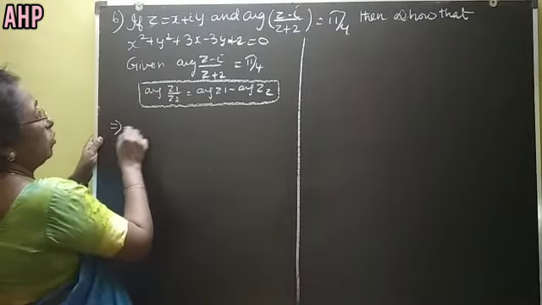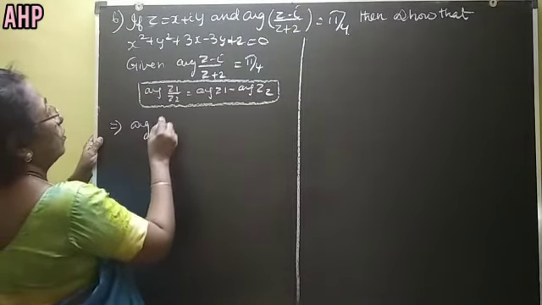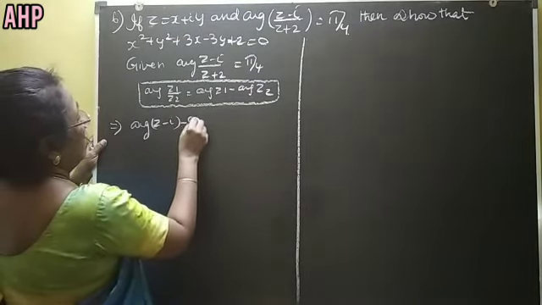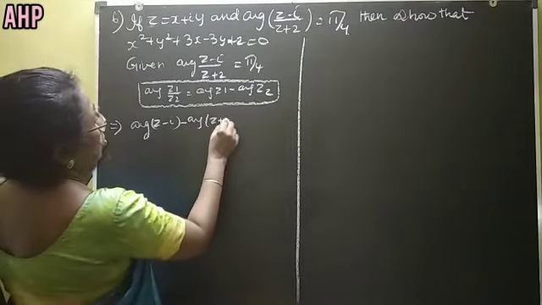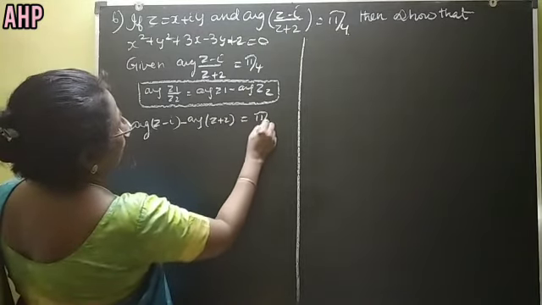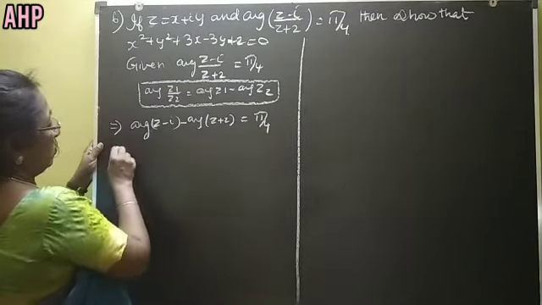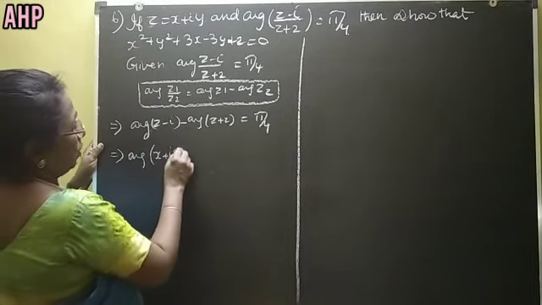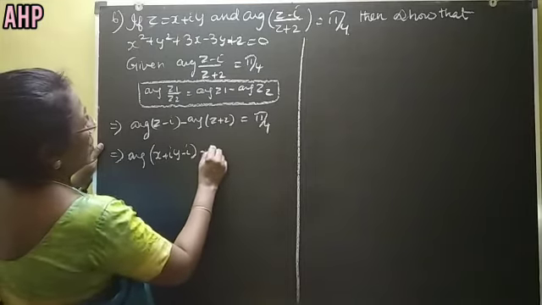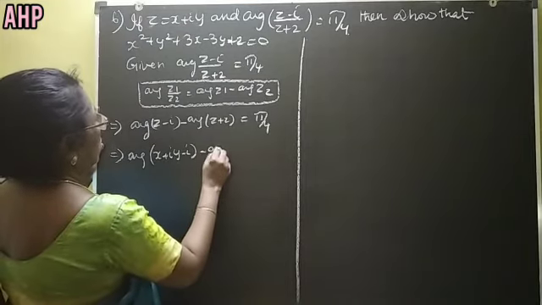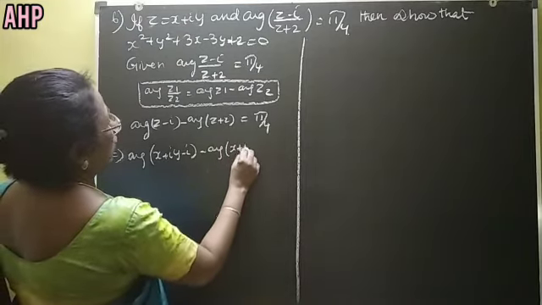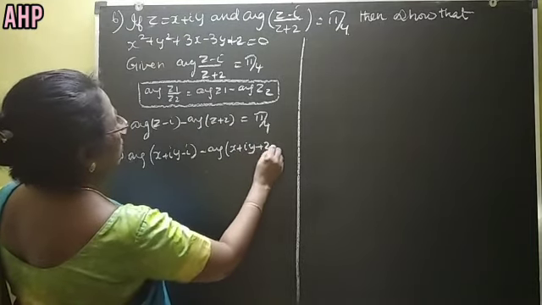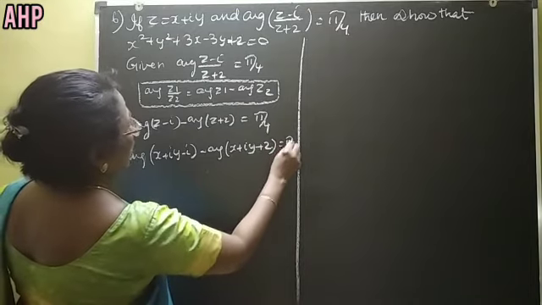So this gives you argument of z minus i minus argument of z plus 2 is equal to pi by 4. This can be written as argument of x plus iy minus i, minus argument of x plus iy plus 2, is equal to pi by 4.